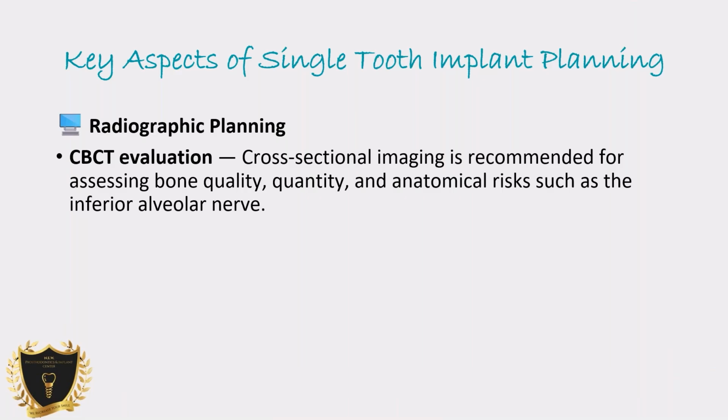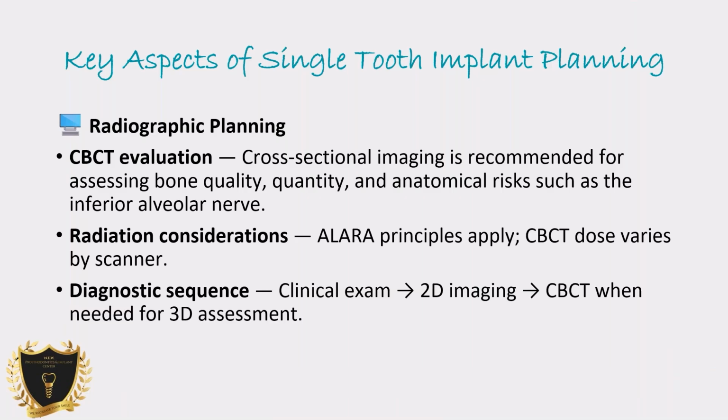So you can assess the bone quality, quantity, anatomic risk like the inferior alveolar nerve, which is the mandibular canal, mental foramen, sinuses, nasal antrum, and if you're doing a sinus lift, where the posterior superior alveolar vessels are running, and you can see where your lingual vessel, lingual artery is running, or where lingual foramens are. There are a lot of things you can look at in three dimensions which you cannot see otherwise.